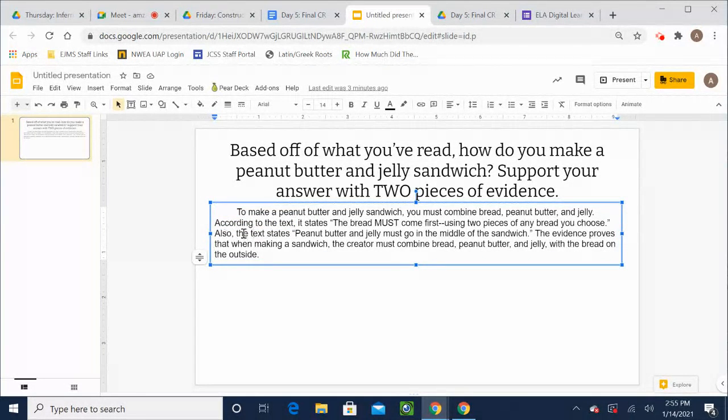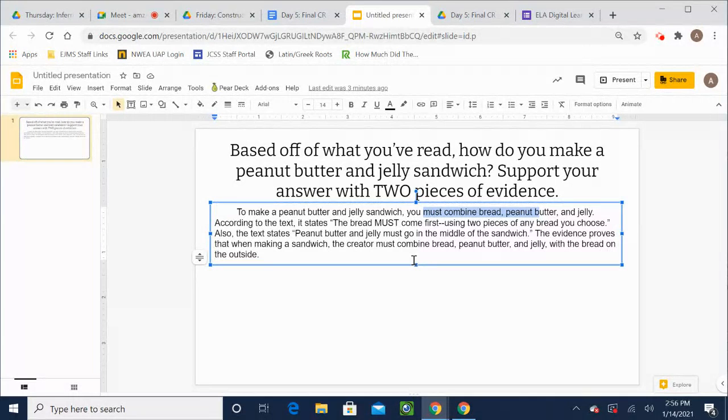Also, the text states, remember it's important to set up that evidence, peanut butter and jelly must go in the middle of the sandwich. Okay, so now I've taken care of my restating, my answering, my citing evidence, and now I'm going to explain how this evidence proves that I got to combine peanut butter and jelly and bread. So the evidence proves that when making a sandwich, the creator must combine bread, peanut butter, and jelly with the bread on the ends. So there's my example.